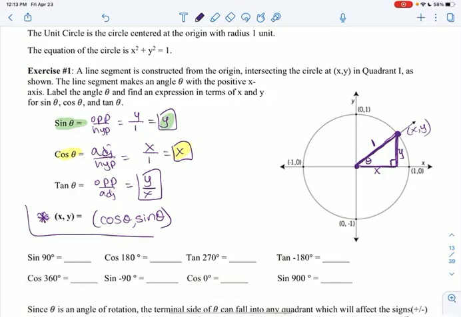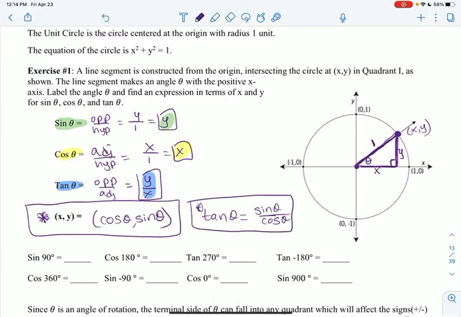So this is important. And tangent of theta is sine over cosine, because remember, tangent of theta is y over x, and y is sine, and x is cosine. So this is another important thing to remember.